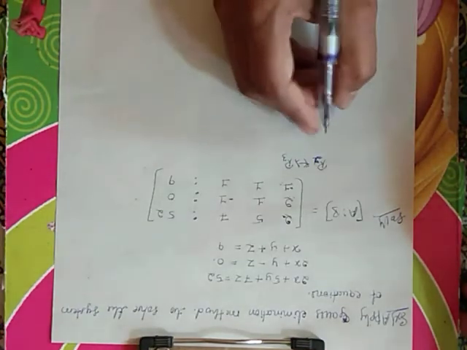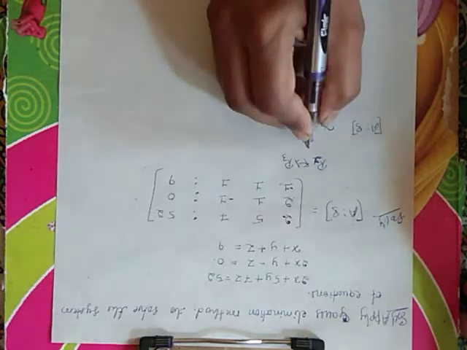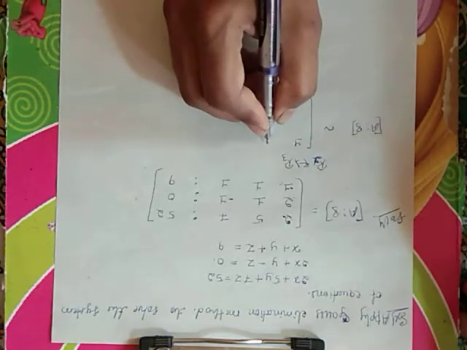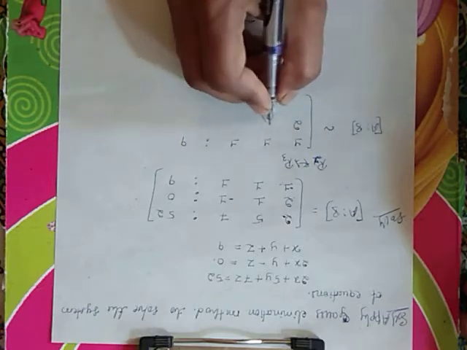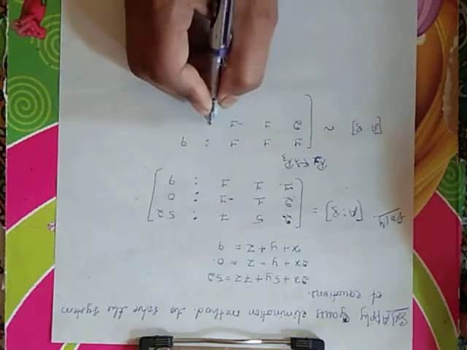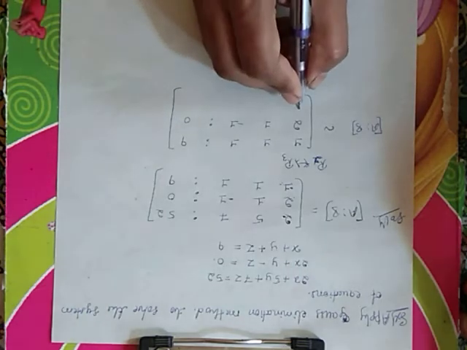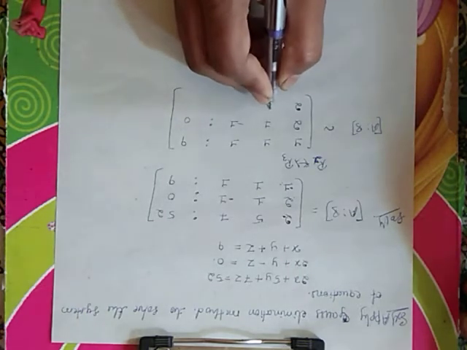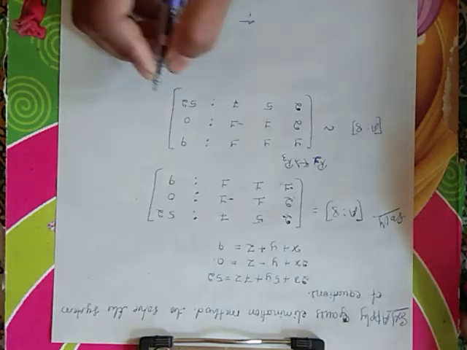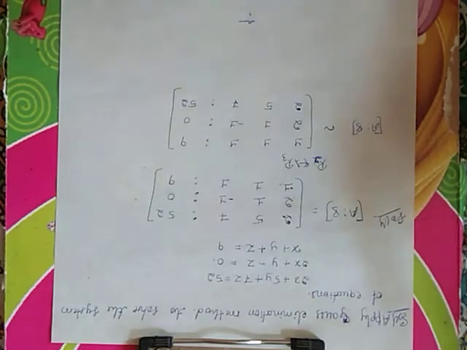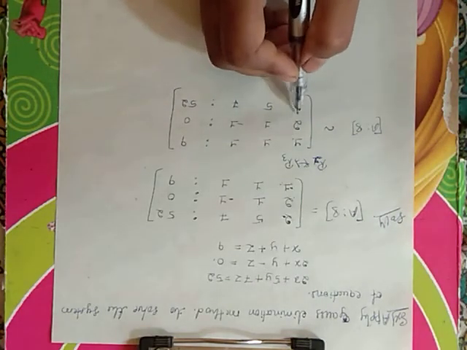By the interchange of R1 and R3, our matrix is equivalent to 1, 1, 1, 9; 2, 1, minus 1, 0; R3: 2, 5, 7, 52. Interchange R1 and R3.